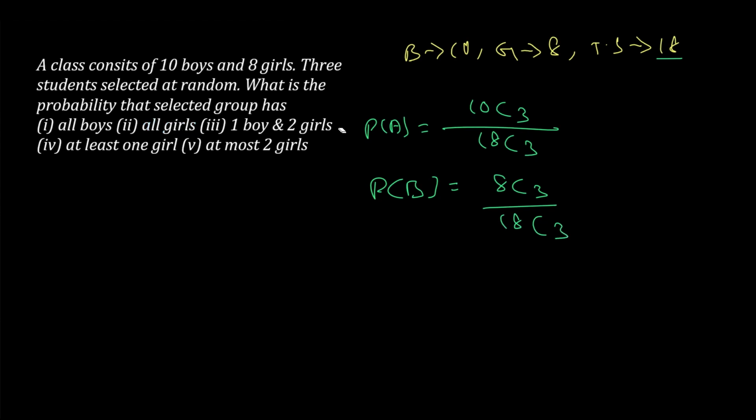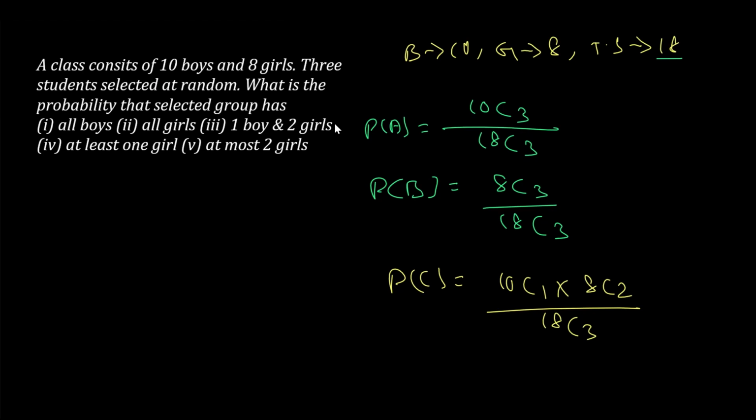In the third part, say P(C), this is 1 boy and 2 girls. We need 1 boy from 10 boys, and then we put a multiply, not plus sign. And 2 girls, that means from 8 girls we need 2 girls, so that is 8C2. But then we are taking out 3 students from 18 students.